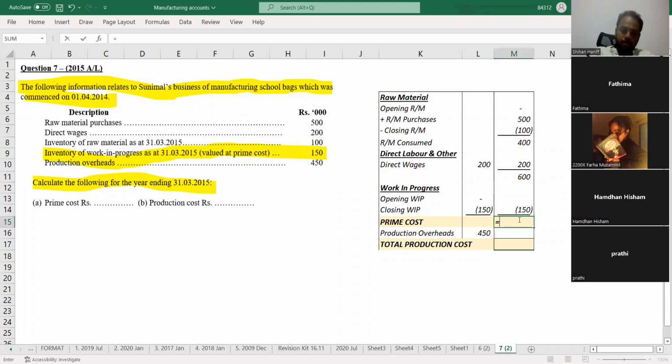Prime cost is 450. Total production cost is 900.